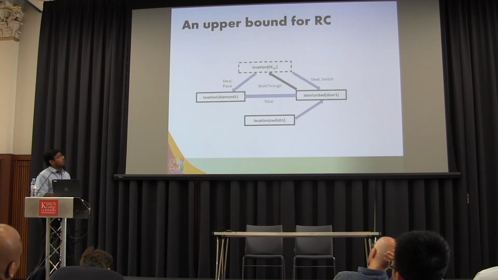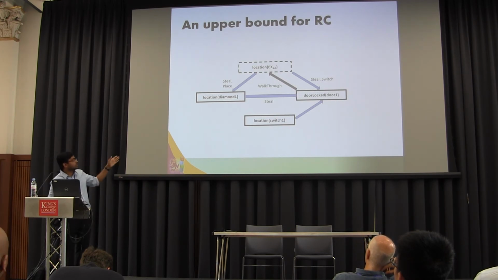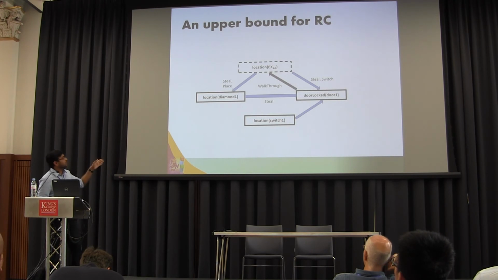So now what about the rest of the problems that actually require cooperation? Can we somehow give an upper bound on the number of agents required? In these cases, what we basically want to do is break these causal loops. In this causal graph, assume the causal loop is because of this walk-through action. Once you take the action, it causes the door to close, and now you can't walk through or update your location because the door is locked.